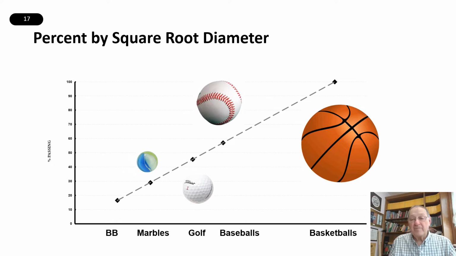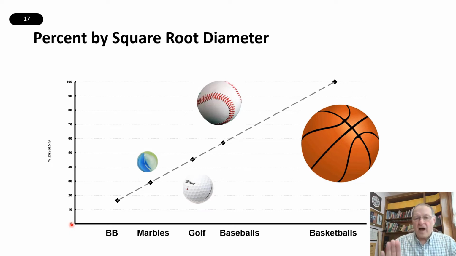It would be a perfectly straight line going from the largest size ball, the basketball, which I think is about 10 3/4 or 10.8 inches in diameter, all the way down to BBs here. And that line would go through this origin point right here.